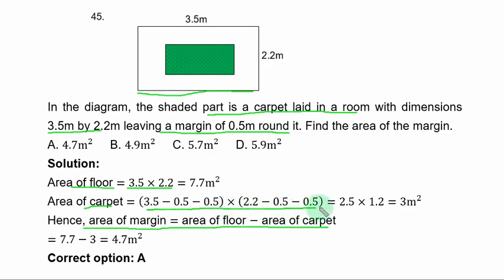After subtracting, you have 2.5 times 1.2, and that is 3 square meters. So area of margin is 7.7 minus 3, and that is 4.7 square meters. So A is the correct option.